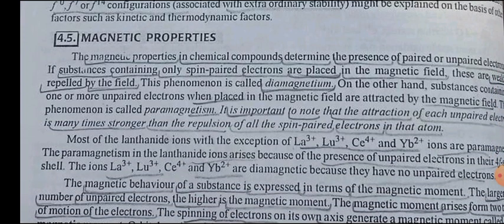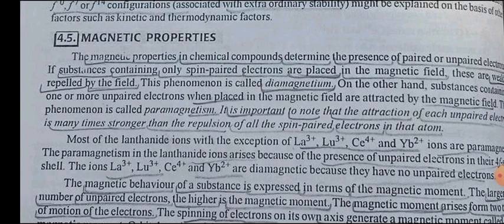Magnetic properties. The magnetic properties in chemical compounds determine the presence of paired or unpaired electrons. If substances containing only spin paired electrons are placed in a magnetic field, they are repelled by the field. This phenomenon is called diamagnetism.